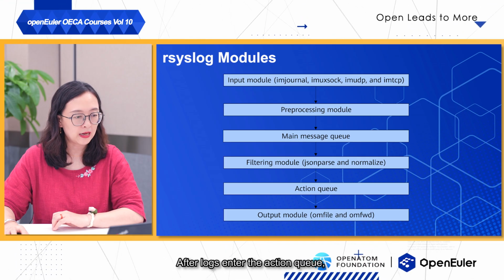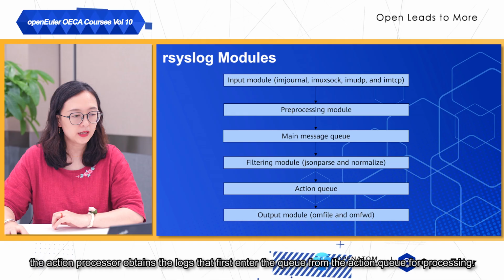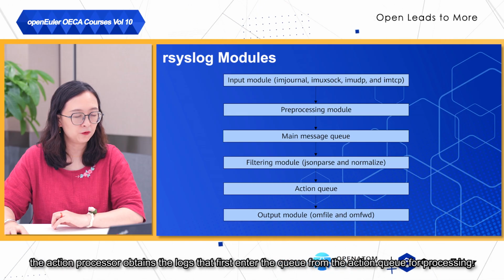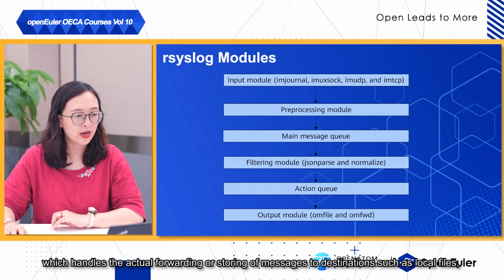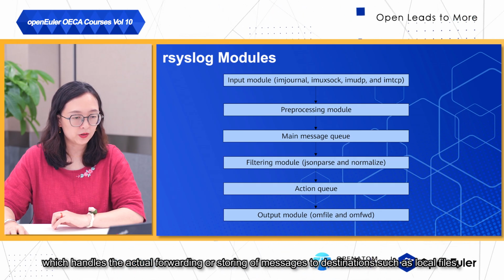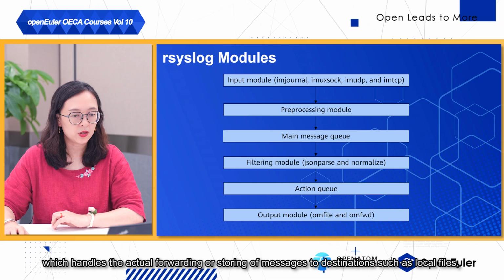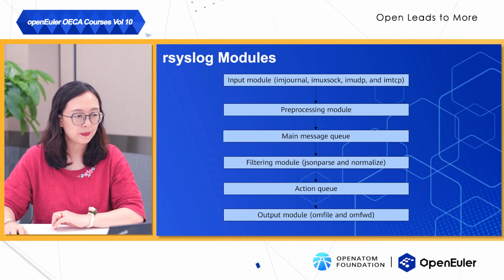After logs enter the action queue, the action processor obtains the logs that first entered the queue from the action queue for processing. Finally, they reach the output module, which handles the actual forwarding or storing of messages to destinations such as local files, databases, or remote servers.